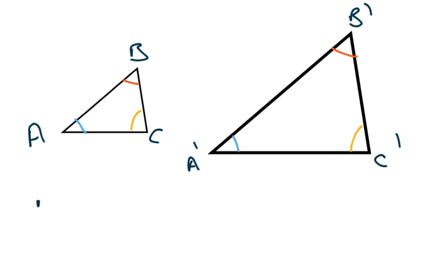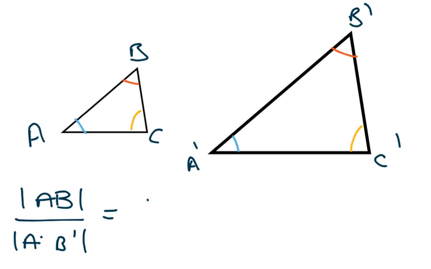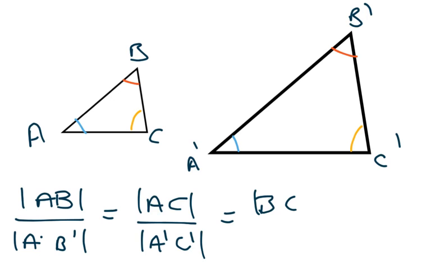What we should find is that AB all over A dash B dash should be equal to any other proportion, AC over A dash C dash or BC over B dash C dash. I'm sure you all know that already.